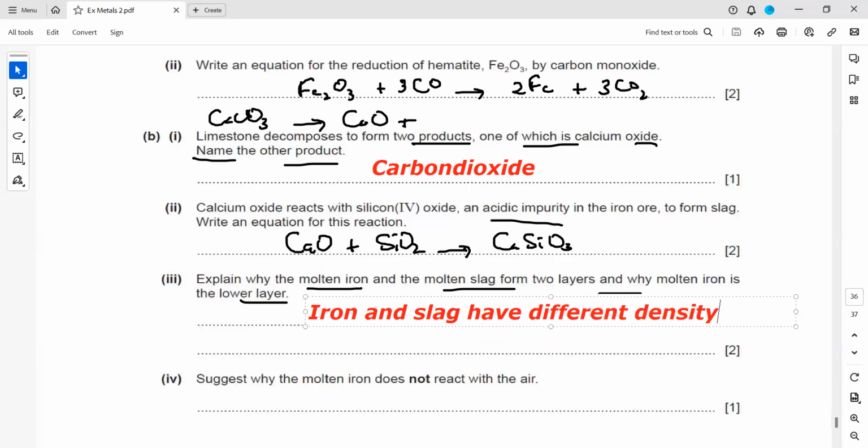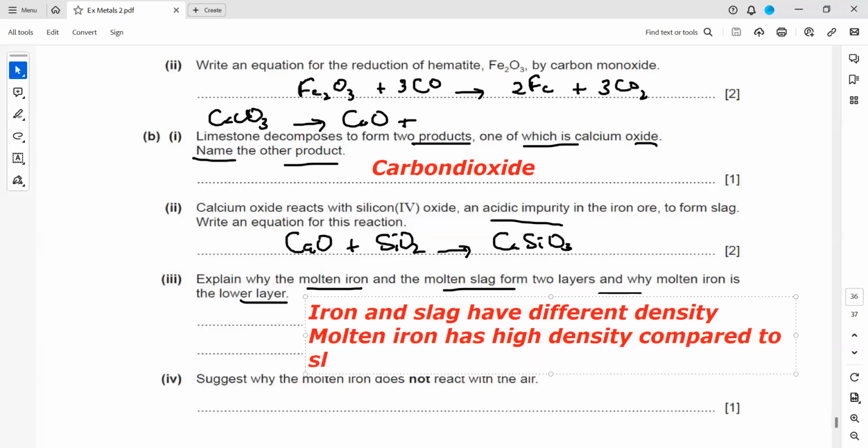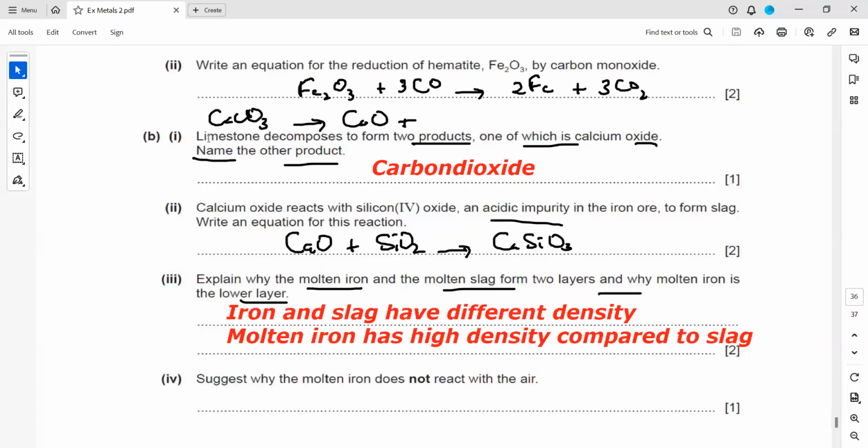It means that molten iron has higher density compared to slag. Or you can say it the other way around: slag has a low density. That's why it is at the top, so molten iron will be at the bottom.